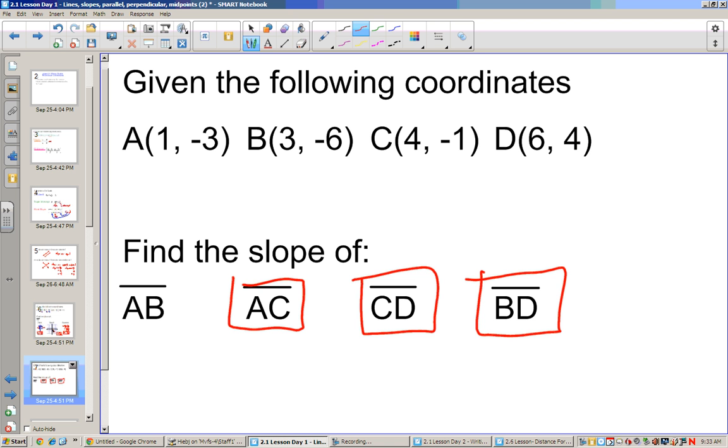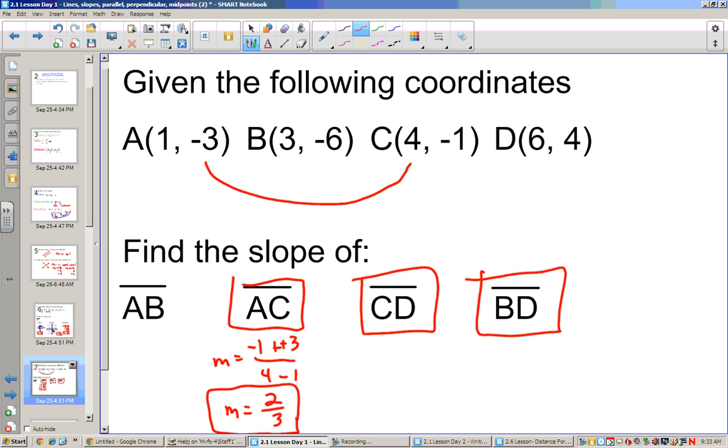All right, hopefully you have paused the video, and if I did these with an equation, I'd do m equals y2 minus y1 all over x2 minus x1. So it'd be 1 plus 3, which is 2, 2 over 3 would be AC.